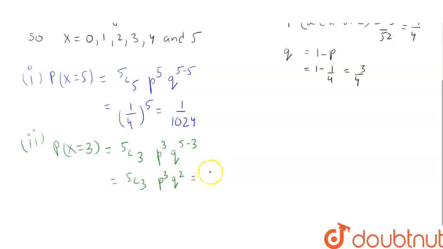That is, 5C3 becomes 10, and (1 by 4) to the power 3, (3 by 4) to the power 2 gives 90 upon 1024, that is 45 upon 512.